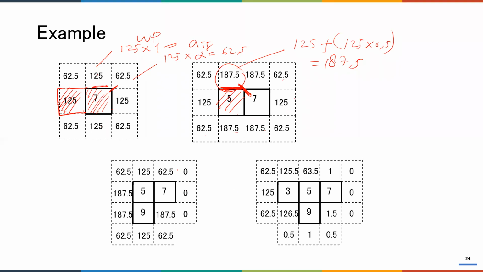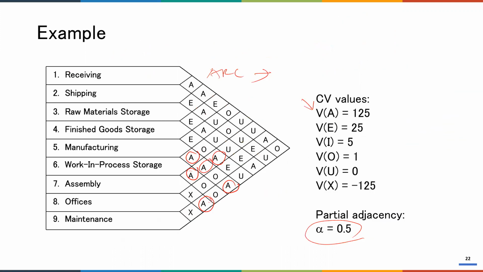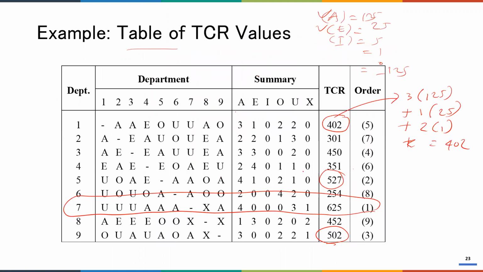I'm really sorry. And then from this, we choose this location for department number 9. Choose here. And then again, we keep doing the same. After number 9, 9 has the absolutely important value with number 3. So we choose number 3.